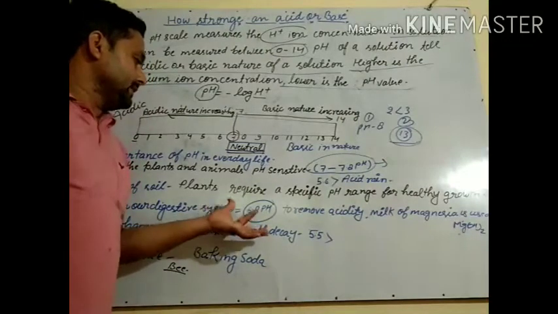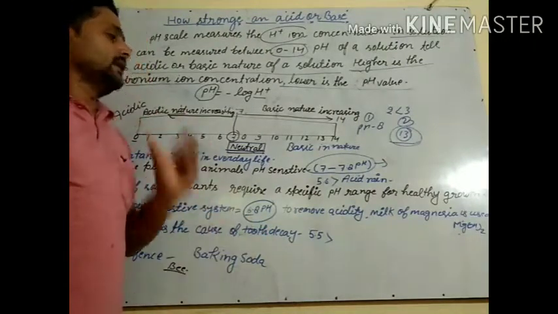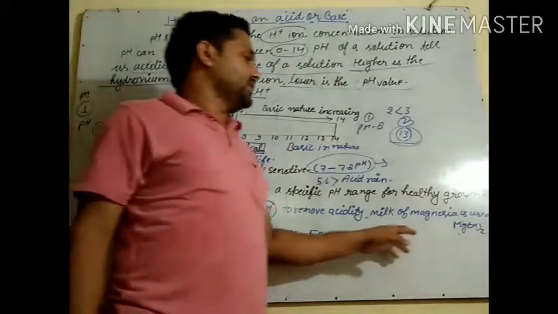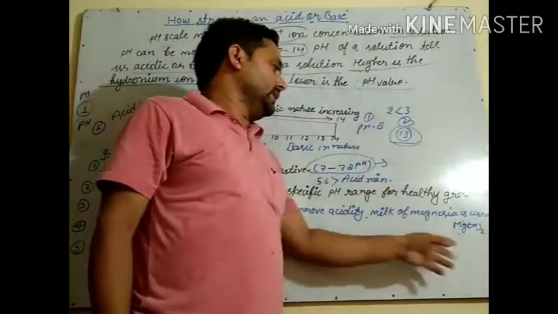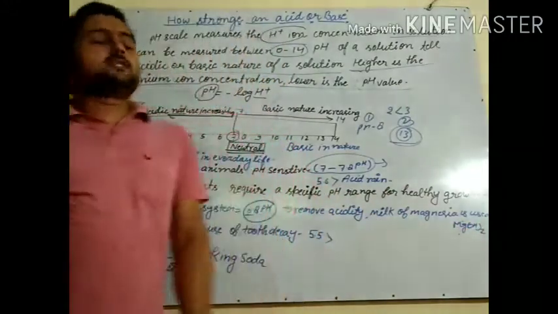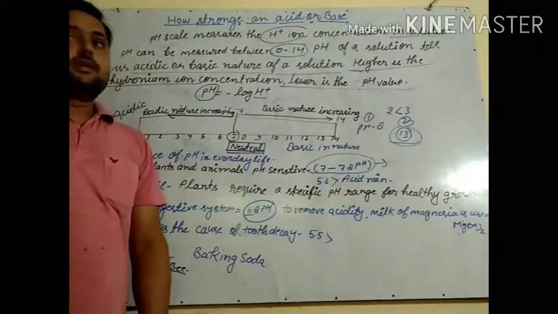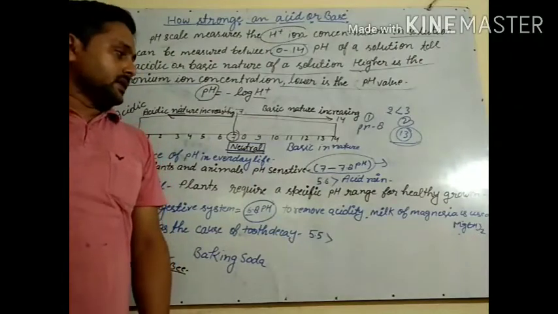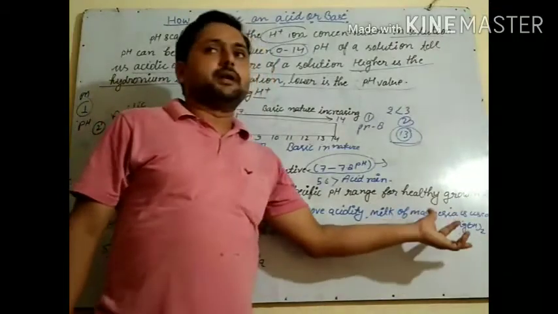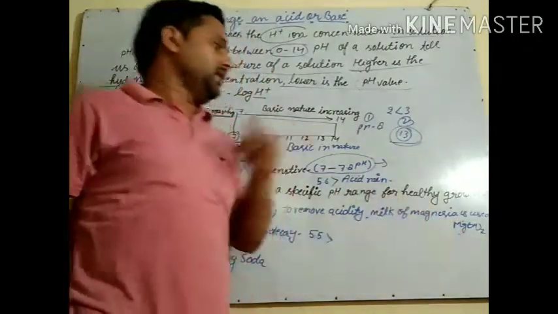If that is secreted in excess amount, that causes acidity. When we have acidity, we use milk of magnesia to remove the acidity. That is magnesium hydroxide. So magnesium hydroxide is also known as milk of magnesia. When acidity occurs in our stomach, we use magnesium hydroxide, or milk of magnesia, to remove it.